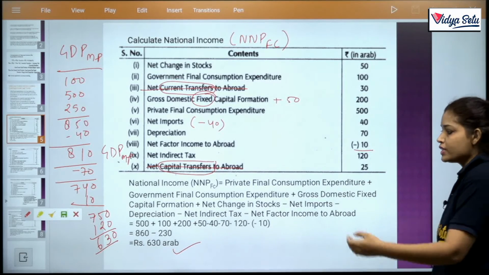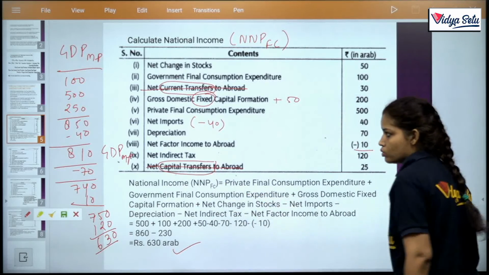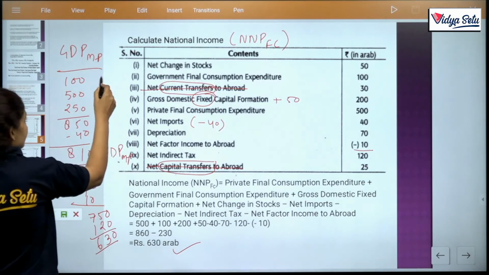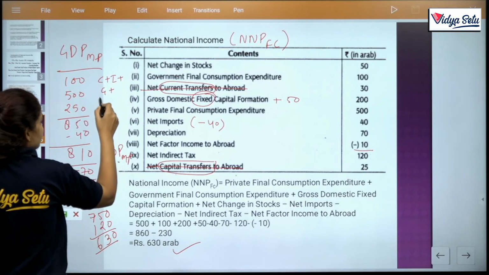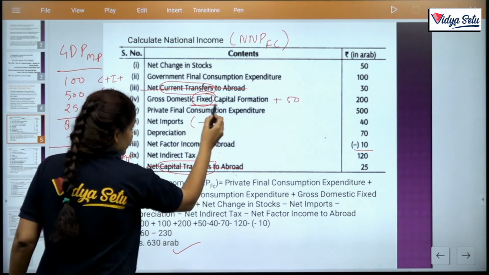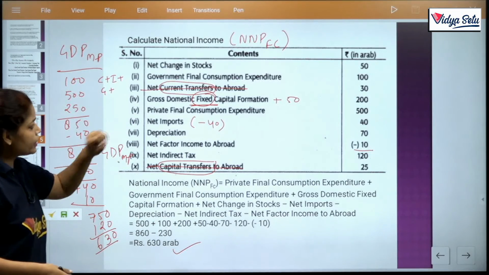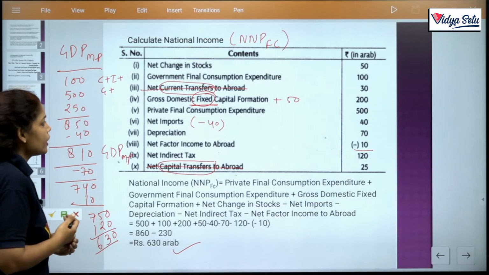We just use step by step, but here the answer is given in the flow. So you just follow this, like we add C plus I plus G plus gross domestic capital formation. So if there is no fixed word, we just take it as it is, but here it is fixed capital formation. Clear? Gross domestic capital formation.